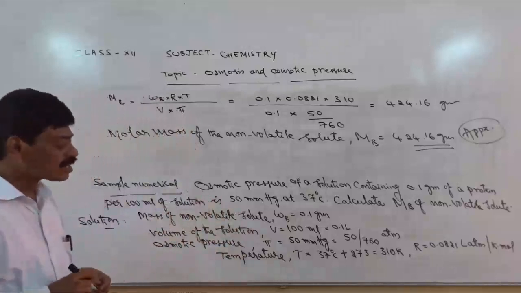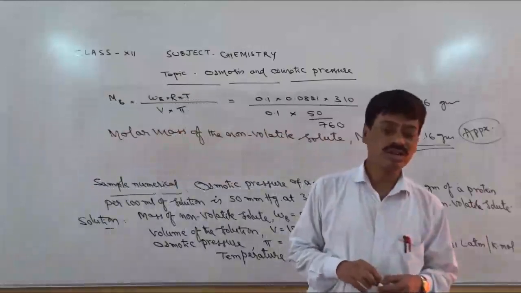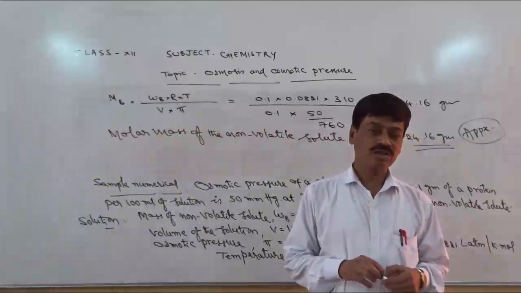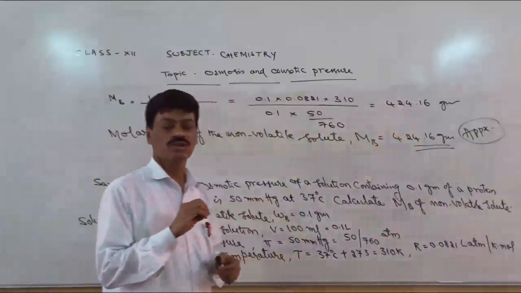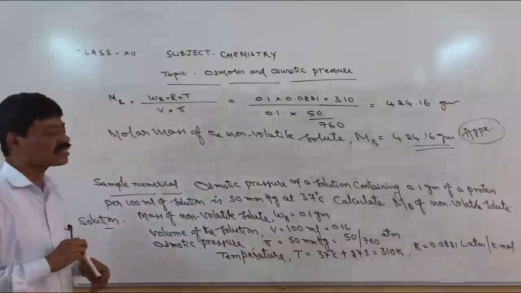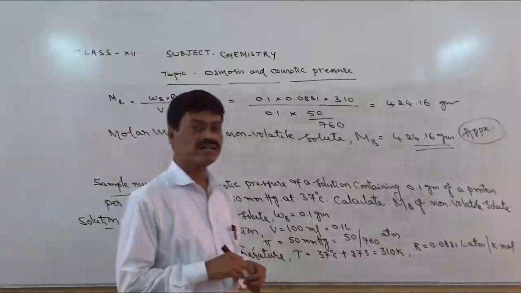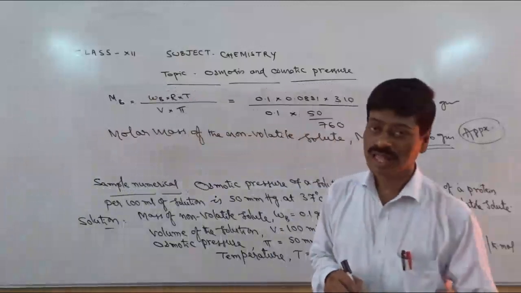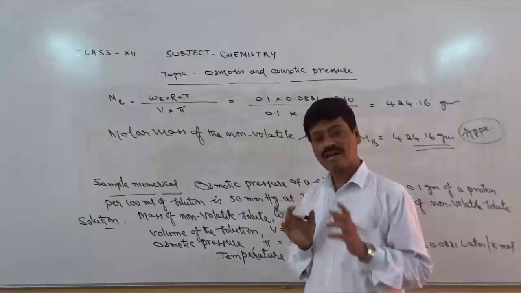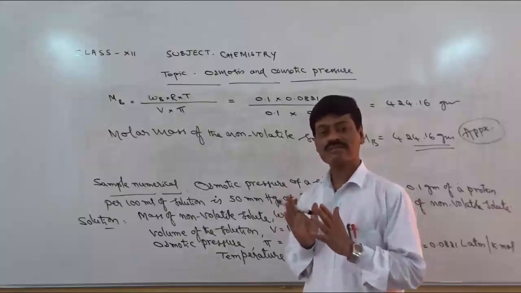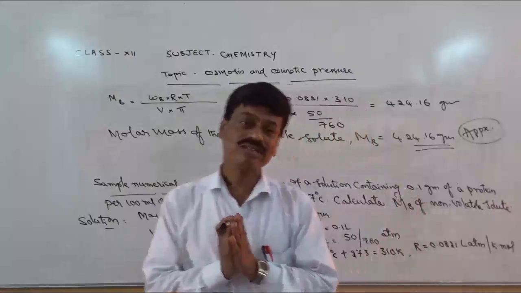Osmotic pressure means it is the excess pressure required over the solution so that solvent particles cannot enter into the solution, and it is symbolically represented by the letter pi. And osmotic pressure, that is pi, is directly proportional to the concentration of the binary solution when capital R and capital T, temperature on the absolute scale, that is the Kelvin scale, remain constant.